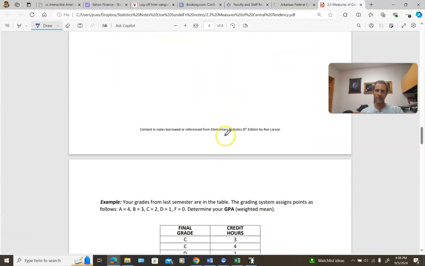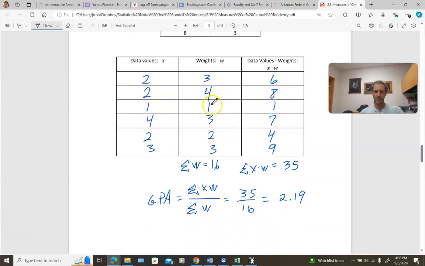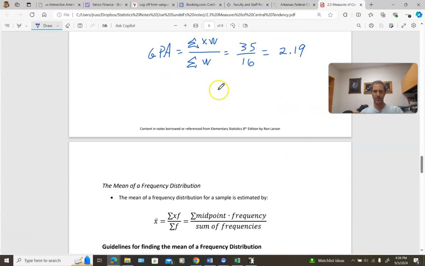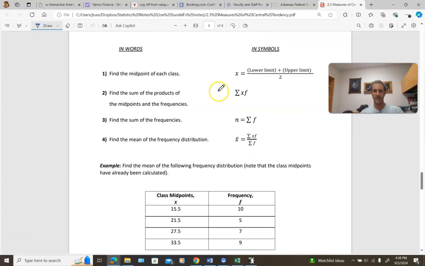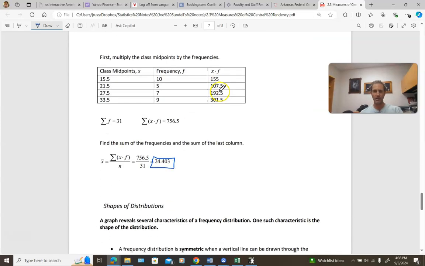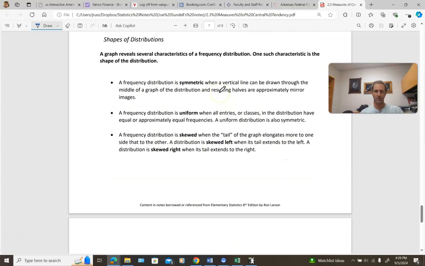So when you construct some sort of graphical illustration of a data distribution, it's going to look different depending on how the data is distributed. There are some different types of distributions that we're going to see in this course.